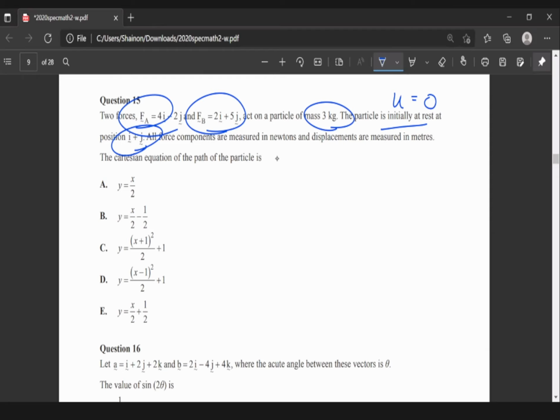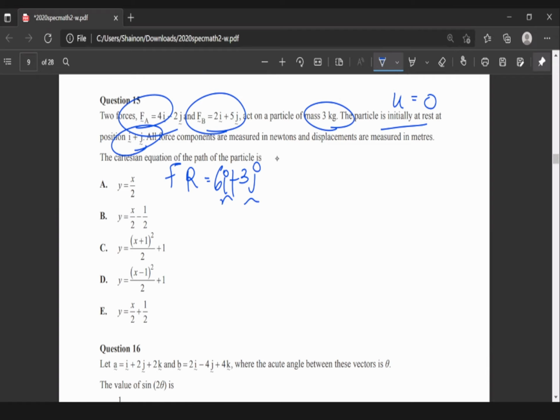The resultant is going to be those two forces added together, FR equals 4 plus 2, 6, I, and -3 plus... no, plus 3 J.